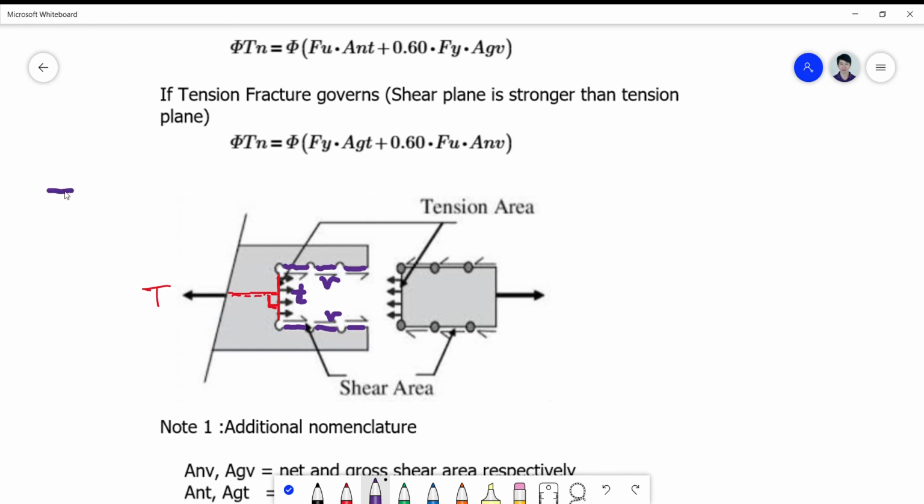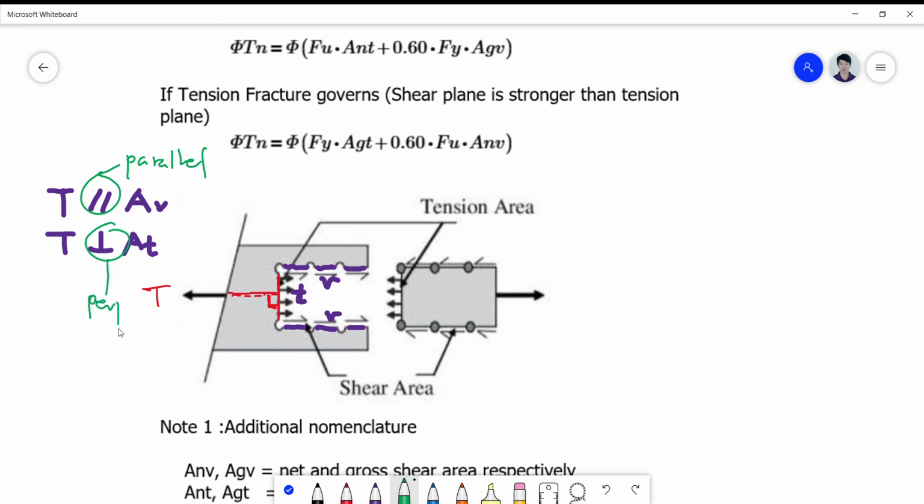Okay, so T is parallel to the area for shear, while T is perpendicular to the area for tension. Okay, so that is the way how to deal with it. This means that this is the parallel symbol, and this means this is perpendicular or 90 degrees.